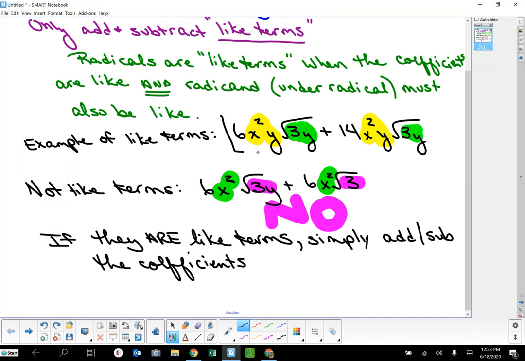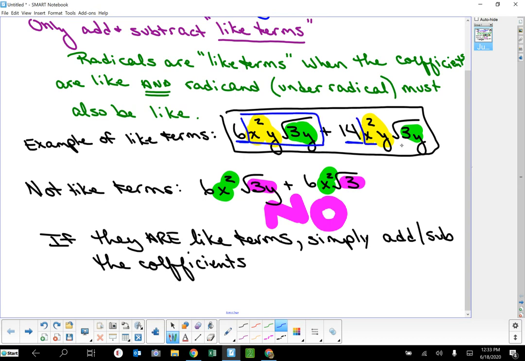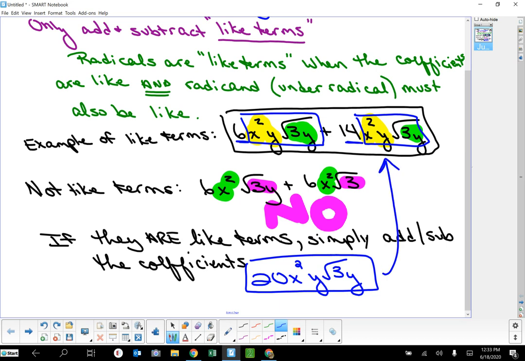So in this problem up here, if I have like terms, which I do, all I'm going to do here is add the 6 and the 14, and then this chunk that's the same on both of them gets written one time on the answer. So the answer to that would be 20 x squared y radical 3y.